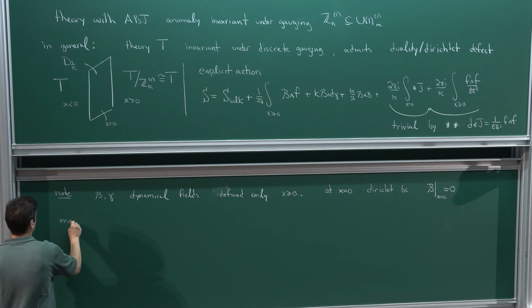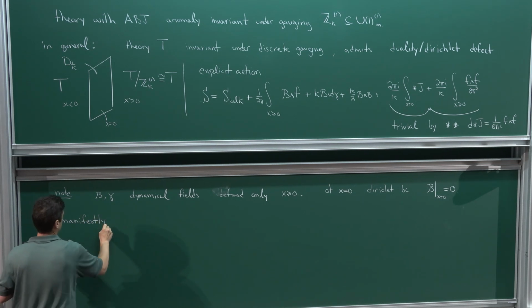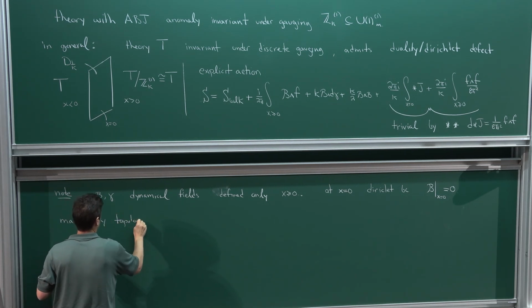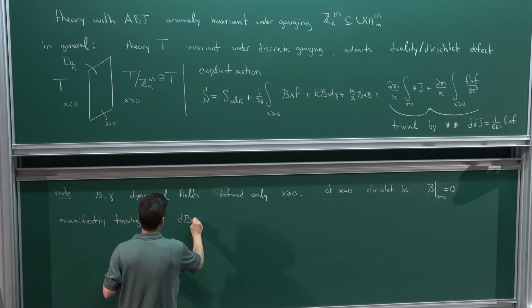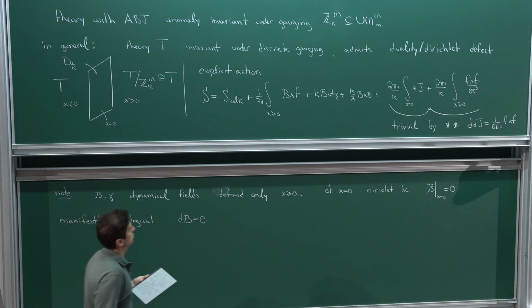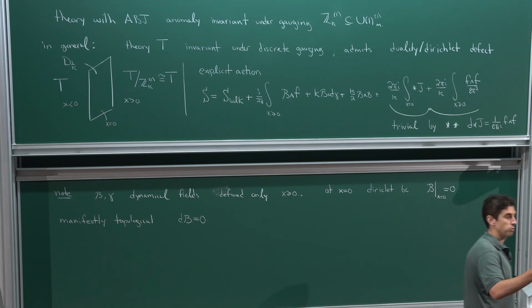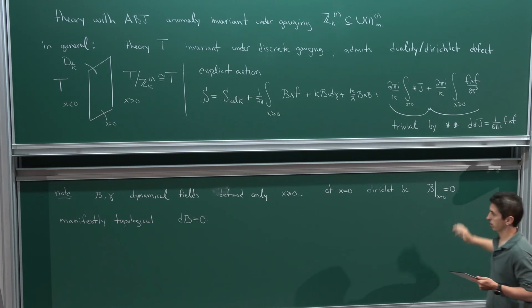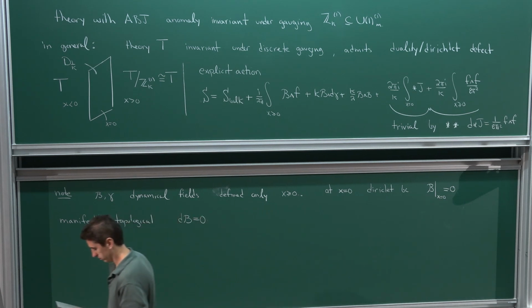Well, because the equation of motion for gamma makes beta flat, and so because of this Dirichlet boundary condition, small motions of this defect don't matter. So this is definitely topological.